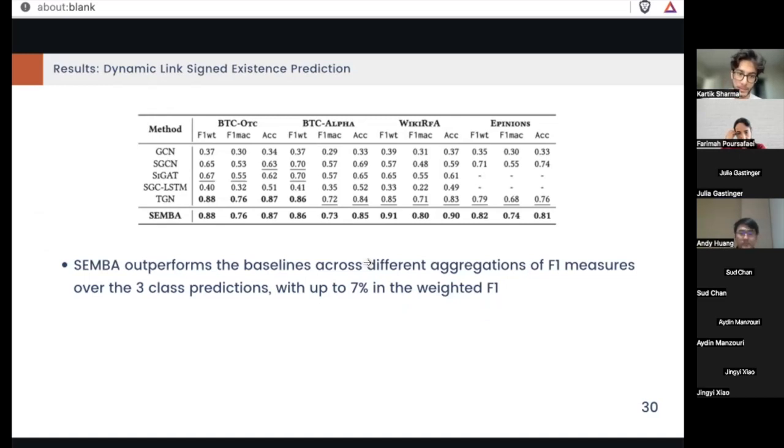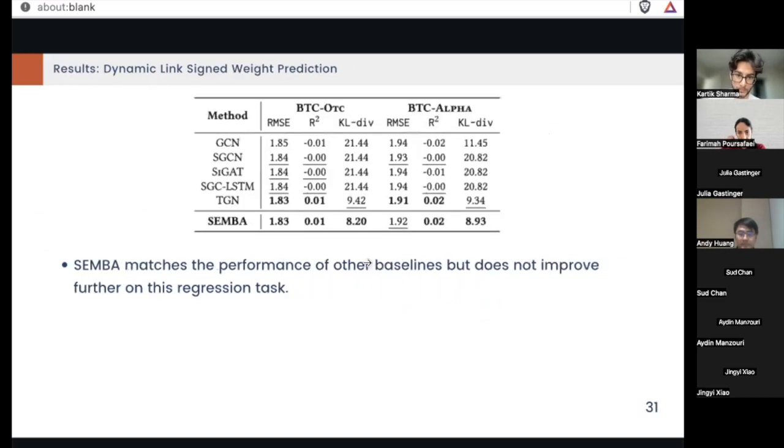However, the last task that we wanted to consider was dynamic link signed weight prediction, but we realized that it's a tougher task. First of all, it's a regression task, and there is a bit of research going on in how to do best on regression tasks using GNNs; it's slightly non-trivial.